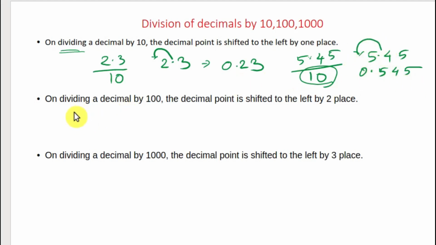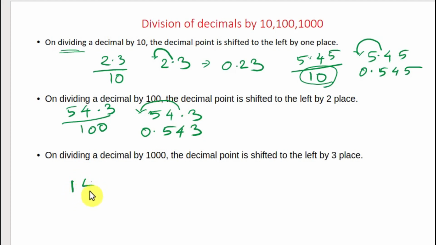The next example is 54.3 by 100. So on dividing the decimal by 100, the decimal point is shifted from here to here, 2 places. So 0.543. The decimal point is shifted to the left by 2 places.